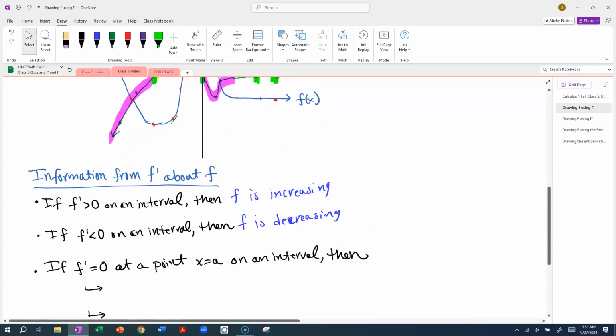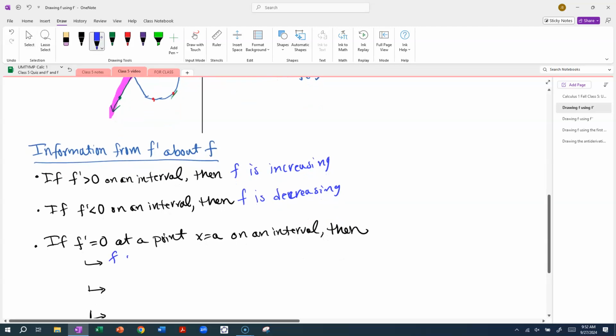So there are 3 different things that can happen if the derivative is 0. We can say that f may have a local min, or local maximum. That is the idea that if we look at a number line at A specifically, it could be going from increasing to decreasing, and so we might see some behavior like that.